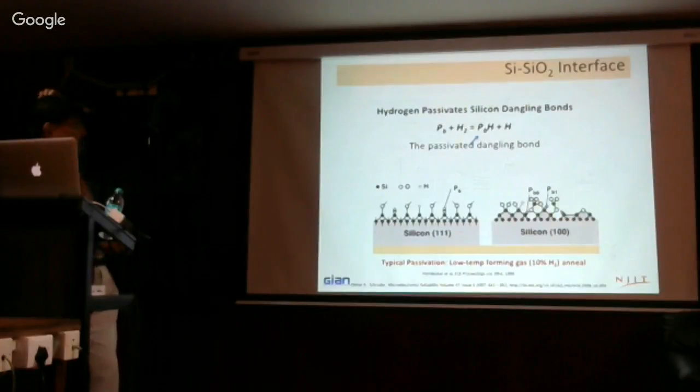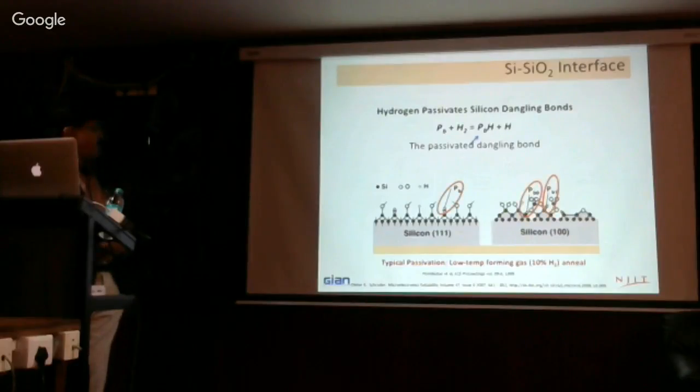So what does the silicon dioxide interface look like? You have different planes, as I mentioned, with different densities of defects. If you look at the silicon 100 and 111 planes, you have something called the Pb center, or simple dangling bonds.